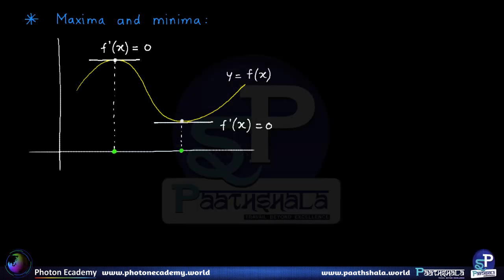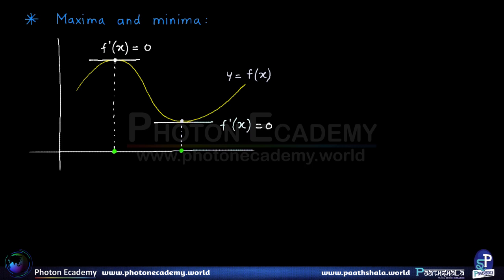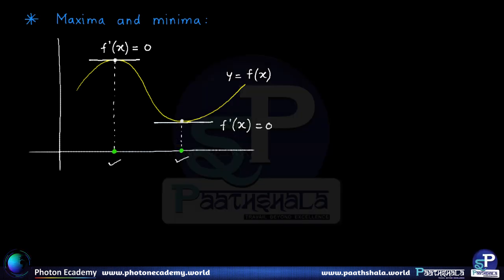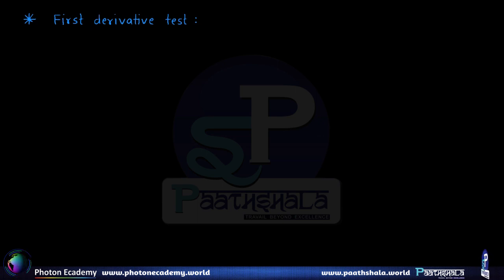So let us go to these particular tests and see how we can differentiate between the point of maximum and minimum. Just to repeat, to begin with we must have the first condition as the derivative equal to 0. That gives us these two important points, where we have the slope of the tangent as 0. Now let's go ahead and study the first derivative test.